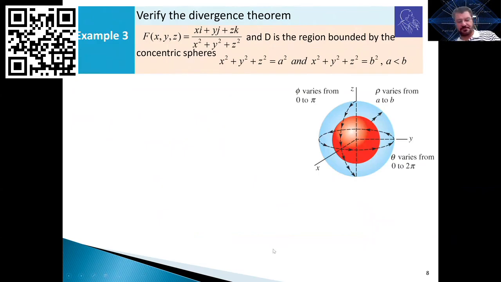Let's look at this one. We need to find the divergence theorem. Again, we need to find the flux. So let's find the curl F, guys. What's the curl F here?